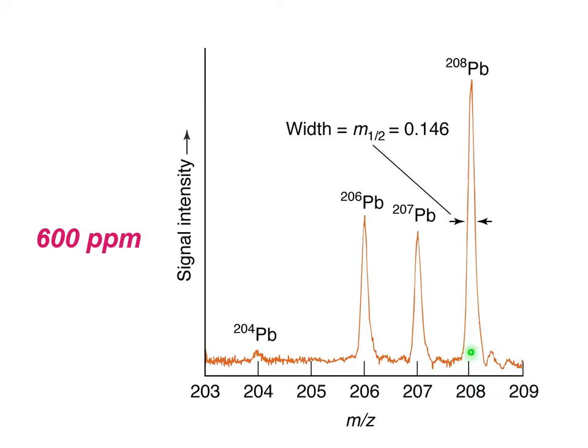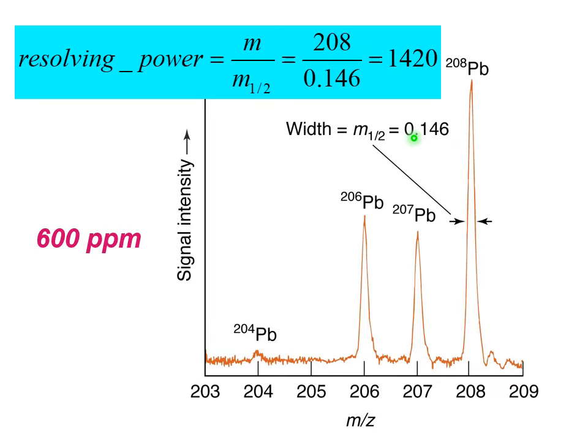Position is 208, and the width of the peak at half height is 0.146. So what we do, we take the atomic weight and divide by width. So that's what we have, 208 divided by 0.146, 1420, or reciprocal number 600 ppm.